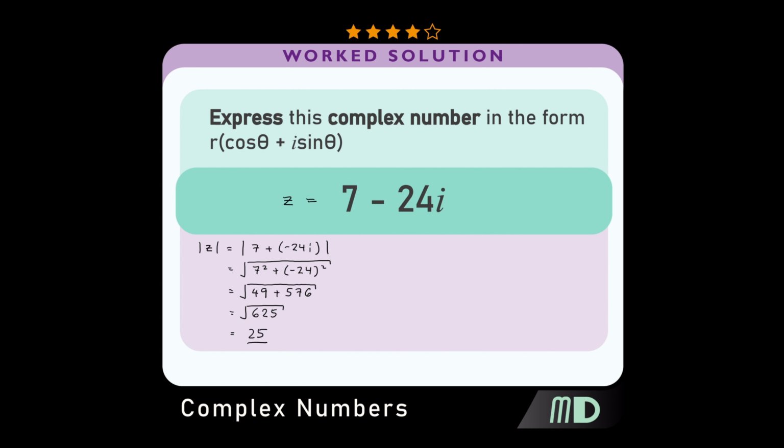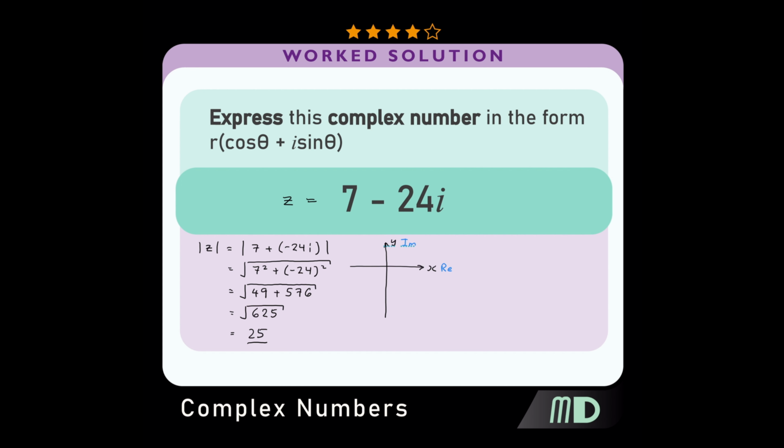To begin, we're going to draw the complex number on an Argand diagram. The complex number z equal to 7 minus 24i has a real part equal to 7 and an imaginary part equal to minus 24.